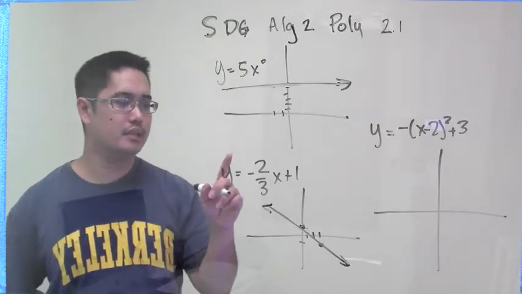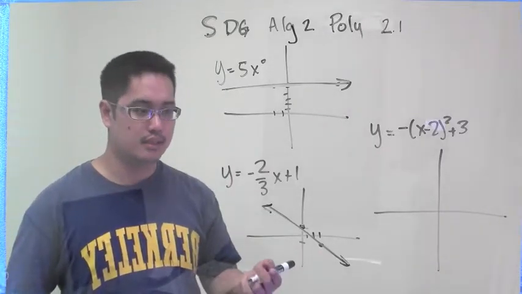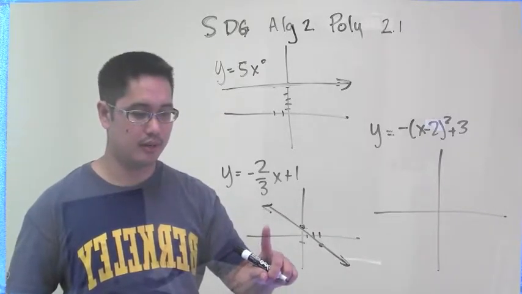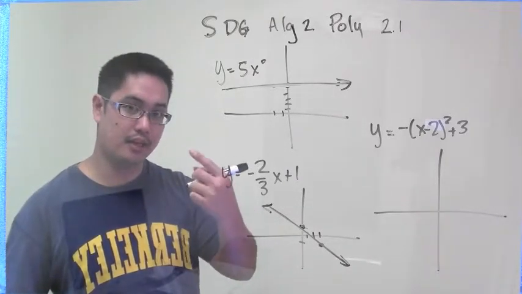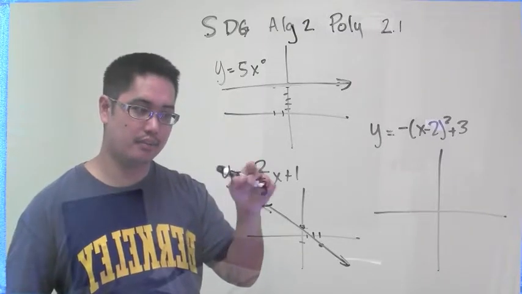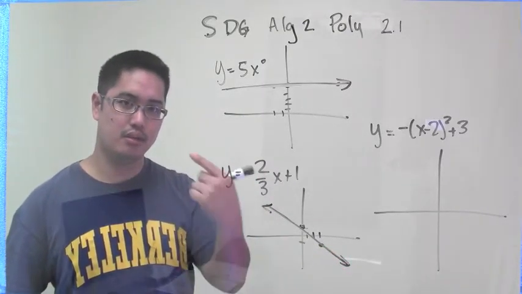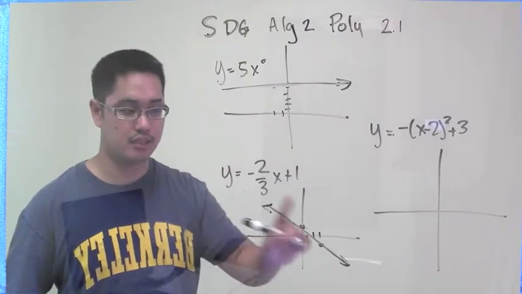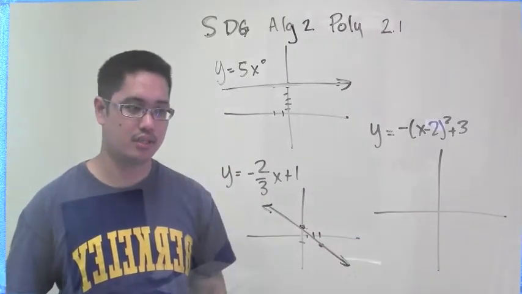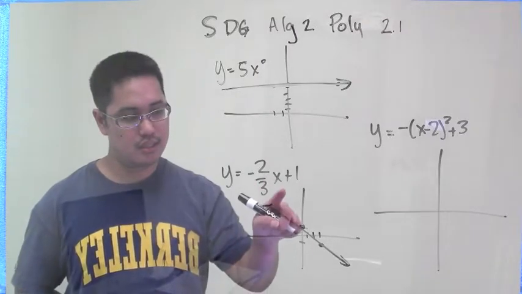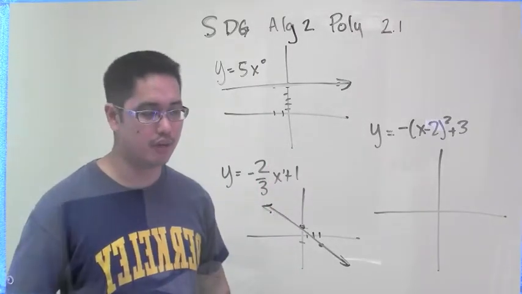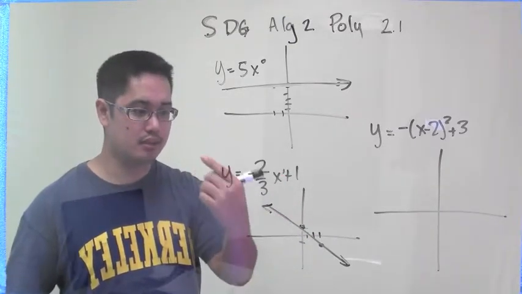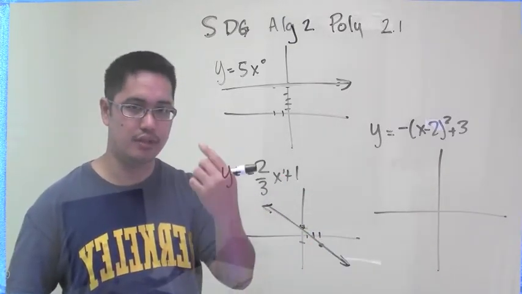Now, the question I would ask is, does this thing end up, it starts up high, it ends up low. So it starts going up in this direction, but then it ends going down in this direction. This is a 1st degree polynomial. So something to the 1st degree starts and ends in different directions.